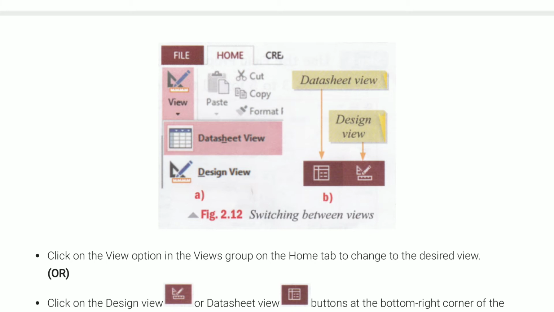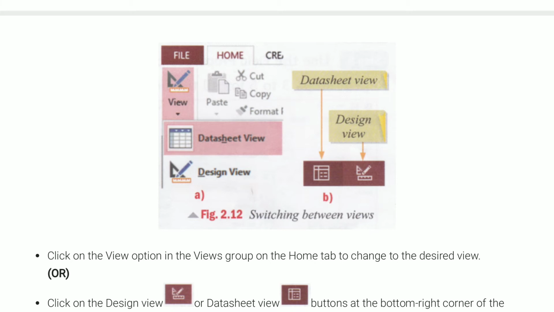First one is, suppose the table is open in design view and we have to change the view of the table. For this we have to click on the view option in the home tab. As you can see on the screen, in the first figure, go to the home tab and go to the view option.